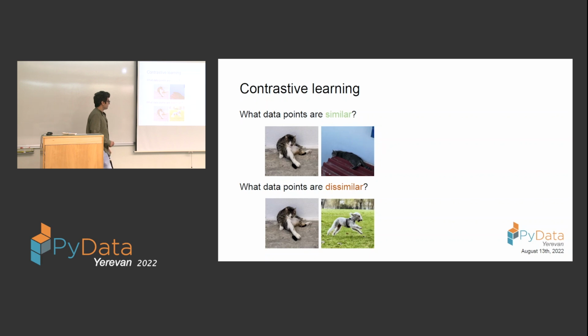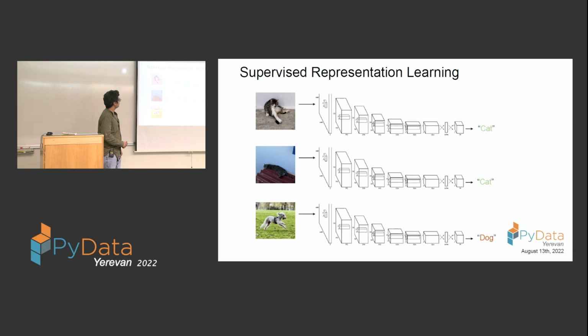So in these techniques, we have to be precise about which data points are similar and which ones are dissimilar. We don't have labels, right? If we were in supervised representation learning, we had the labels, so we were putting this image inside the network and fine-tuning the network based on the label.